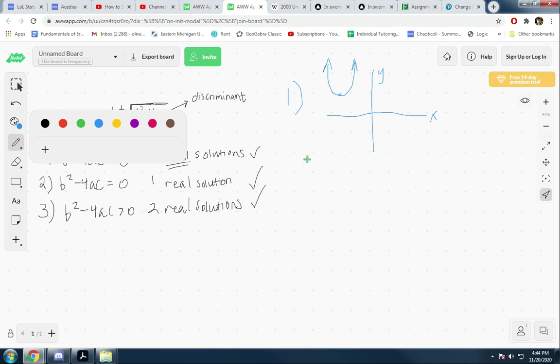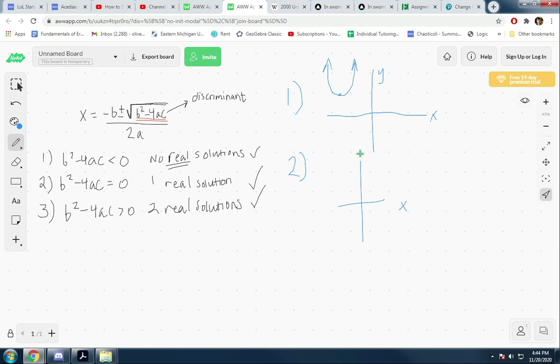Case 2, say you've got your x and y axes, and now we've got one real solution, so let's say it looks like this. Notice it only crosses the x-axis once, right here.